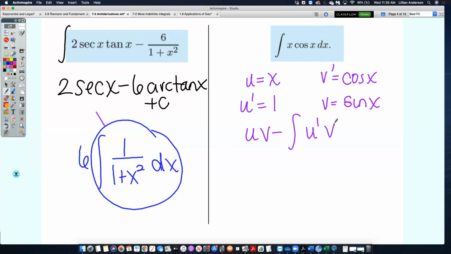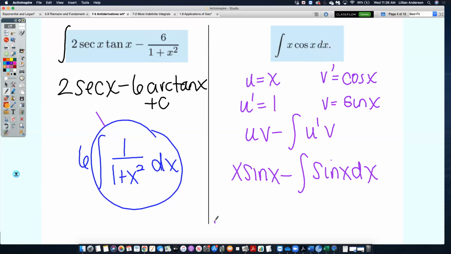So here we go. I have u, which is x, times v, sine x, minus the integral of 1 times sine x dx. I am going to have to continue to integrate that sine x.